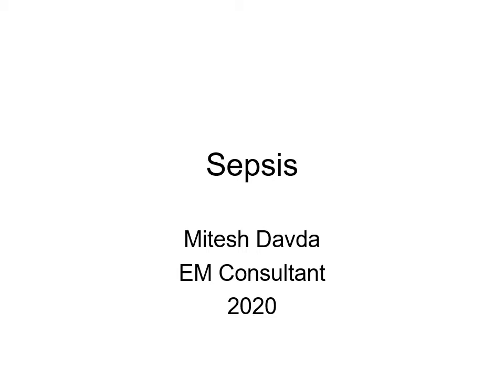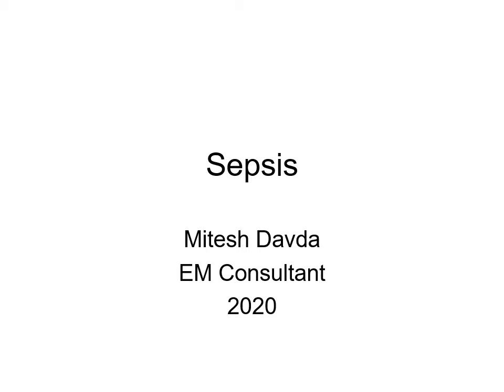So, what are the most common causes of sepsis in the emergency department? Well, the three most common causes are the chest, and as regards sepsis, we're referring to community and hospital-acquired pneumonia.